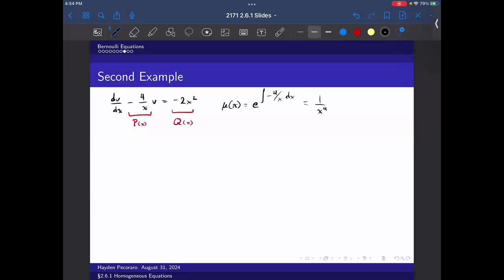And if we multiply through by that, we get 1 over x to the 4th dv/dx minus 4 over x to the 5th v equals minus 2 over x squared. Then we go ahead and undo our product rule here.